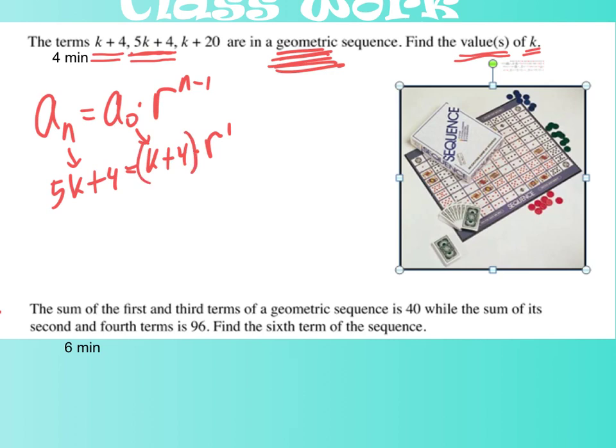I'm putting parentheses in a key spot, and I hope you do too. A sub 0 was k plus 4. It needs to be in parentheses.